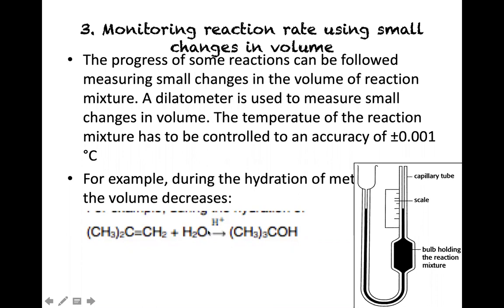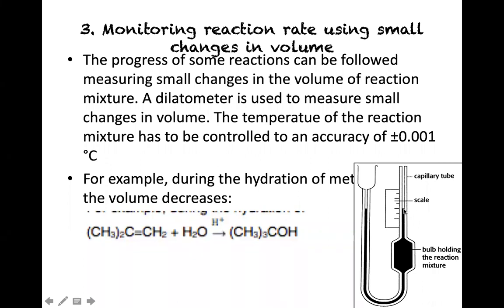So looking at this example, which is the hydration of this alkene, okay? What happens is that the alkene will take up the water to form alcohol. When they take up water, it's not something that we can measure because it's very little amount of water.